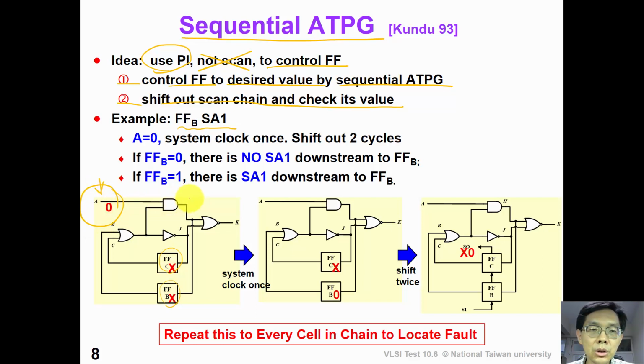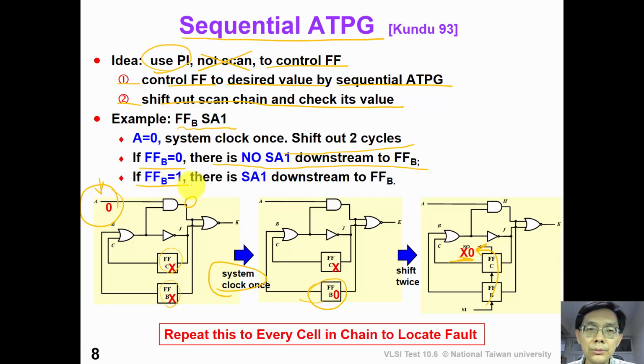Since this is a controlling value, after one system clock, the value of B will become 0. And then, at this time, we shift out the scan chain by 2 cycles. The expected values should be x0. If we successfully observe flip-flop B to be 0, then there is no stuck-at-1 fault downstream to flip-flop B.